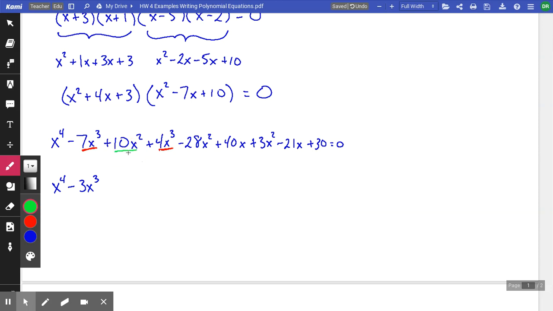We have an x squared term here, and an x squared term here, and also an x squared term here. So we need to be careful there that we're finding all of them. Combine. 10 minus 28 is negative 18. Plus 3 is negative 15. So we'll put negative 15 x squared.